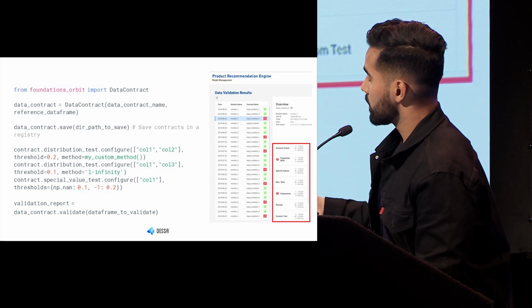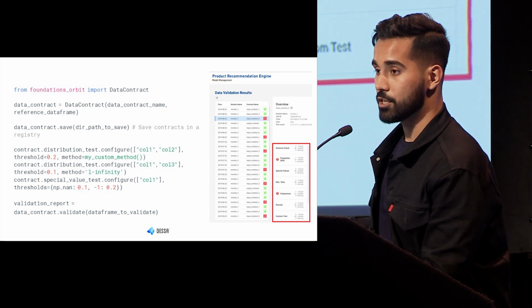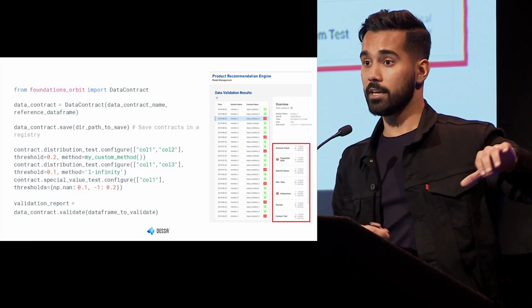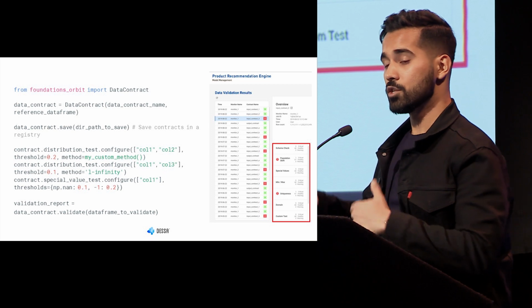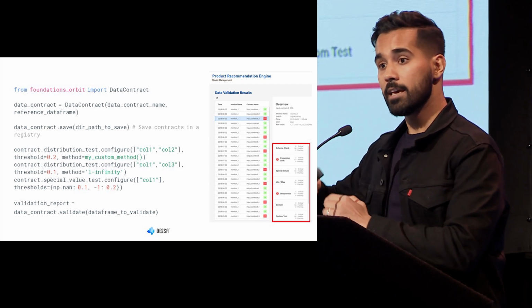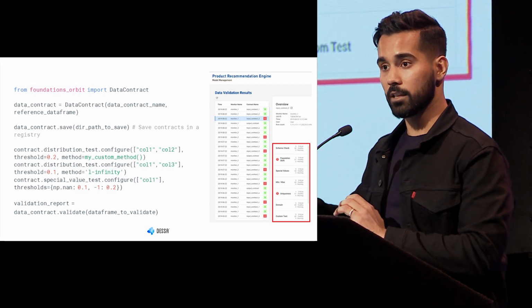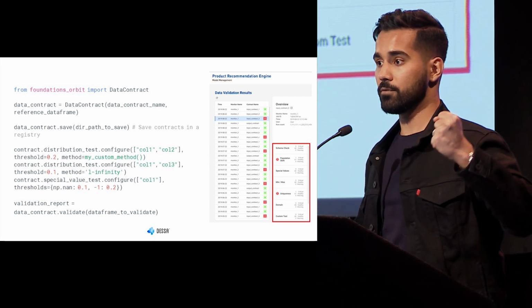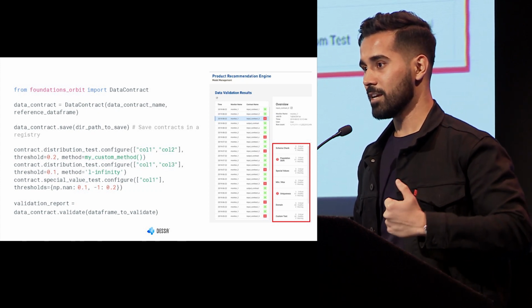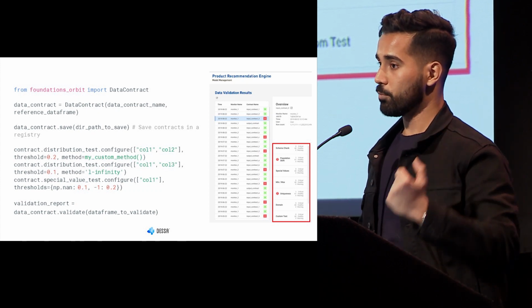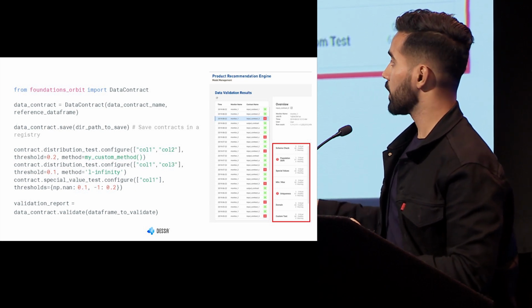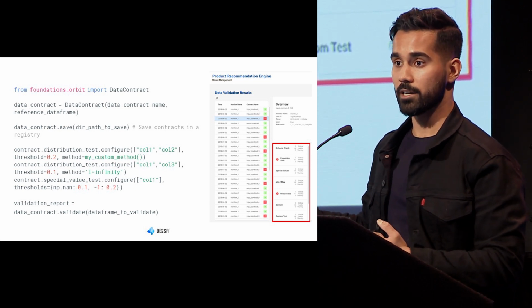Once you configure these things, you will be running a validation report, and this validation will be done in a different script that you will write, right? So you write the script, and then that script will be continuously running in the background, on a different cluster. It'll be pulling the data set from whatever you define, whether it's Kafka, whether it's your SQL database, wherever it is. It'll pull the data set, and it will run continuous validations, comparing it to the data contract that you stored earlier, right?